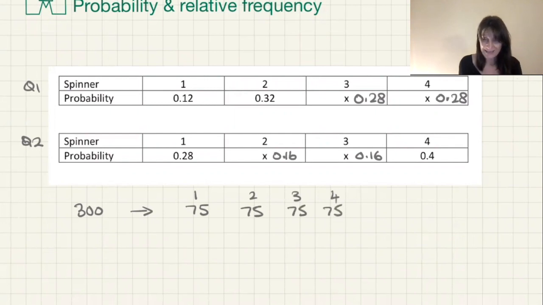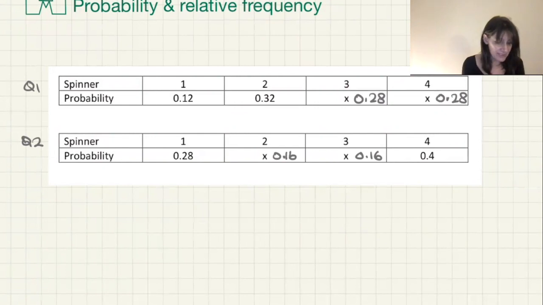Together, that adds to 300. So that 300 is being divided evenly out because they've all got a fair chance of being landed on. That's not the case when you're looking at this type of table because they've all got a different chance, which means that distribution of the 300 isn't even anymore, and more will go to one number than another. So the way that we solve these is really simple, it's not complicated at all.